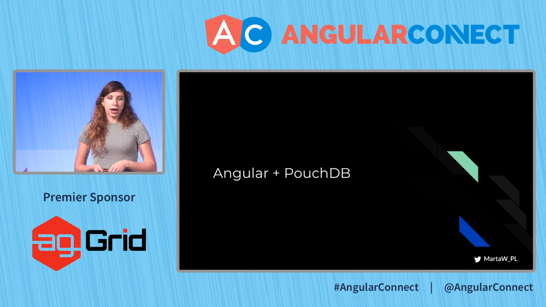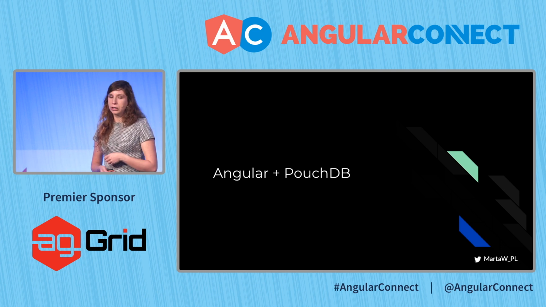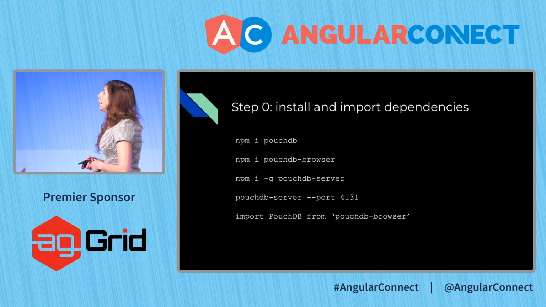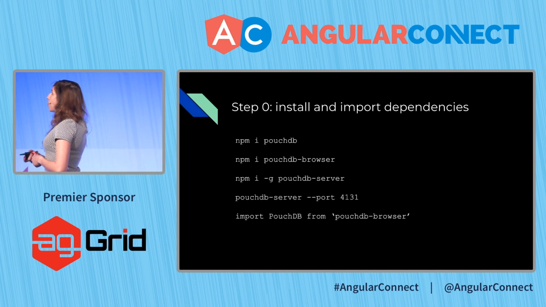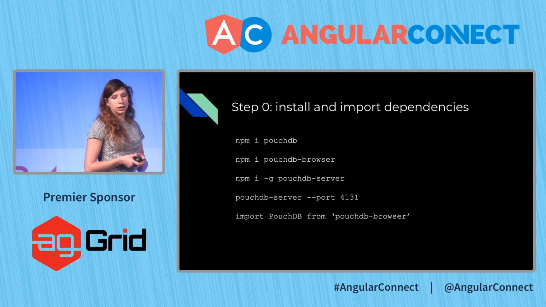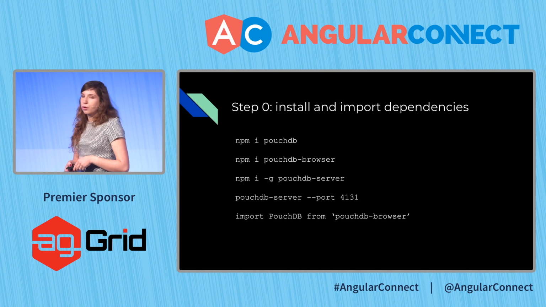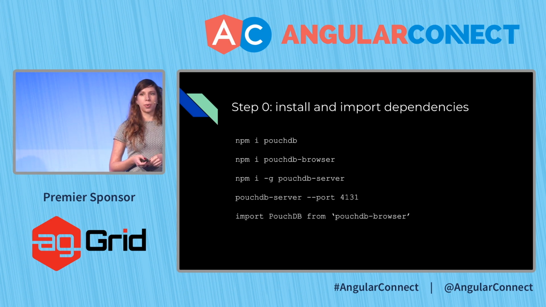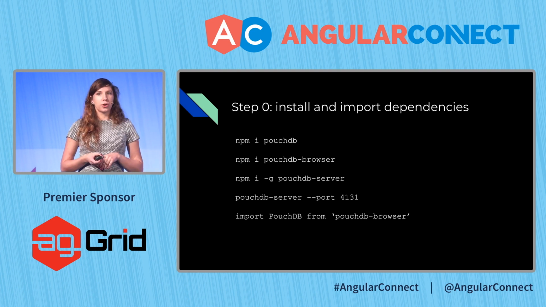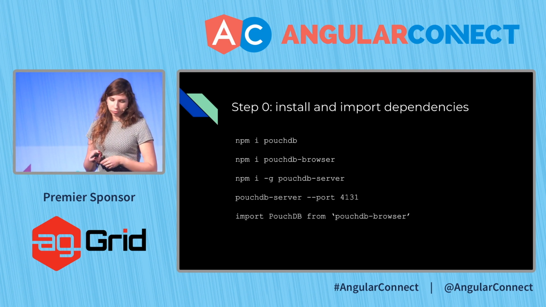So we need to add to your app, for example, PouchDB, which is a wrapper for IndexedDB. There are a few steps to apply PouchDB. You need to install it as usual, as an npm package. You have two options. The first is PouchDB, the whole package. The second option is a smaller package only for browsers.